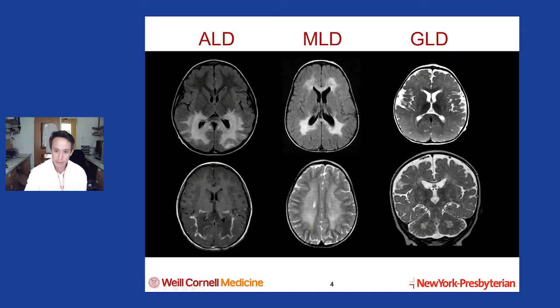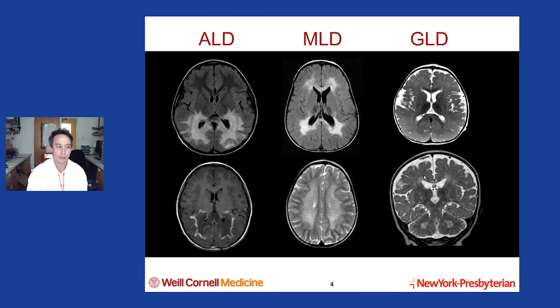And then there's globoid cell leukodystrophy or Krabbe disease affecting newborns as well. You can see these periatrial, again, white matter changes, and down here on the T2, white matter abnormalities in the cerebellar white matter and periventricular white matter. So these are the three major leukodystrophies we're going to talk about.